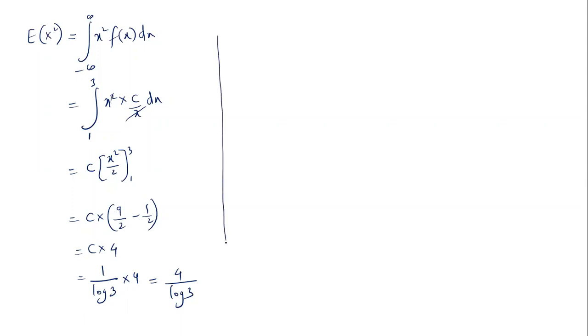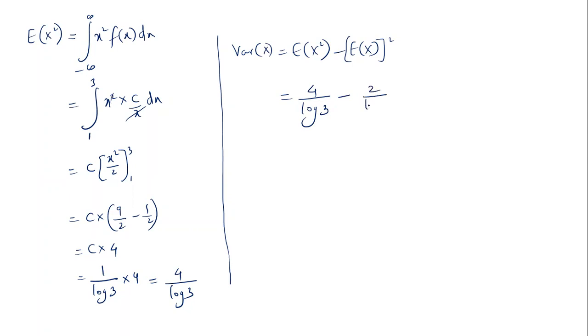Now let's put the values. Variance of x is E(x square) minus E(x) the whole square. So E(x square) is 4 by log 3 minus 2 upon log 3 the whole square.